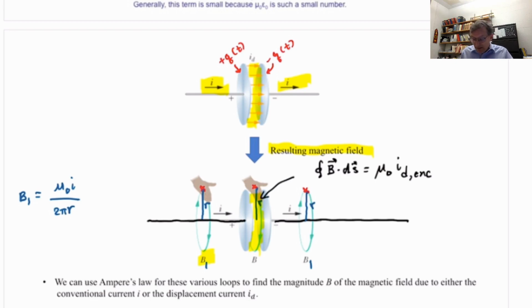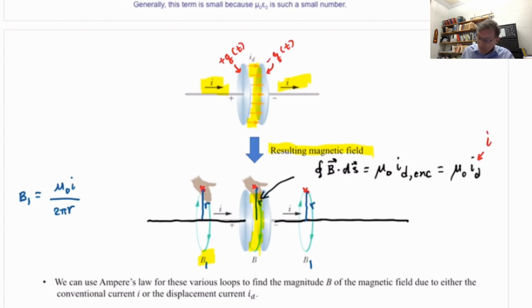Now, it so happens that our loop here encircles all of the displacement current. All of it. So you can just write that as I_D. And that I_D is numerically equal to the I in the wires.